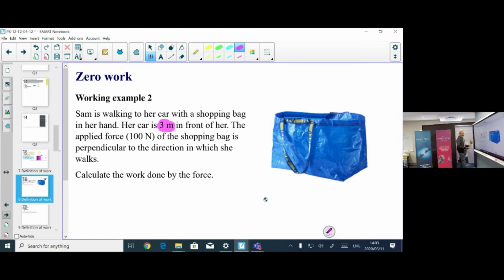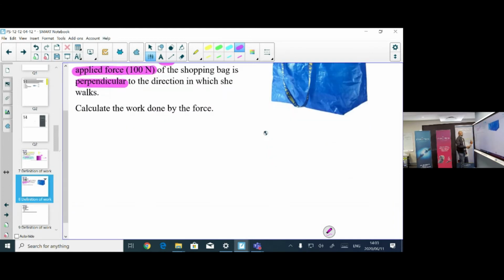And the applied force of the shopping bag is 100 Newton, perpendicular to the direction in which she walks. The moment you see perpendicular, you must know that we are going to have an angle, theta.